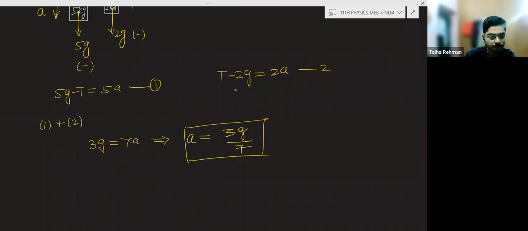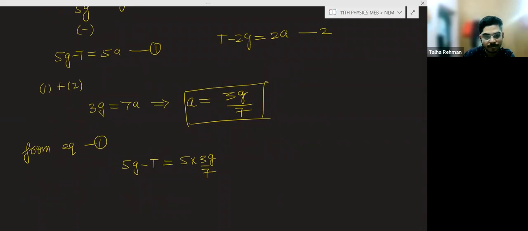So from equation 1, this is 5g minus T is equal to 5 times acceleration, 3g by 7. So from here we can find the tension. So this is minus T, this will be 15g divided by 7 minus 5g.